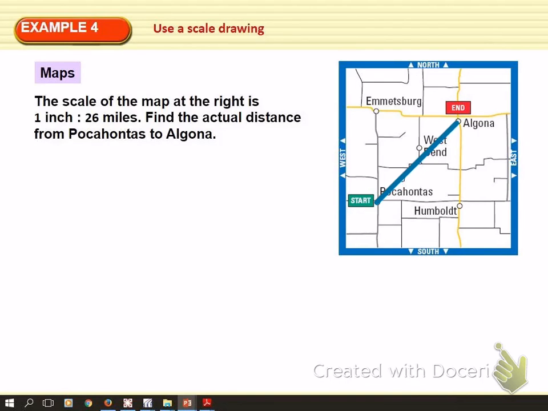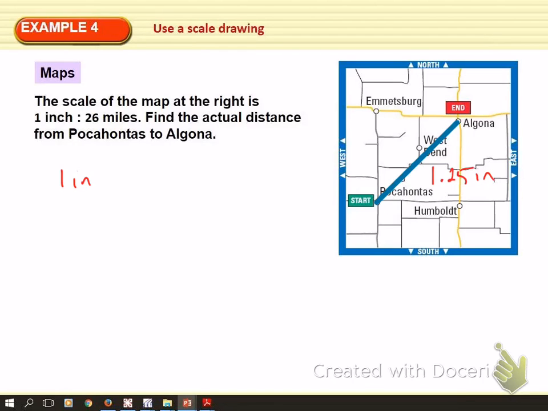So we needed to measure the actual distance, and we're not talking about the driving distance. So we had to find the map distance from Pocahontas to Algona. And if you were to pull out a ruler and measure that, you should get 1 1/4 inches or 1.25 inches.